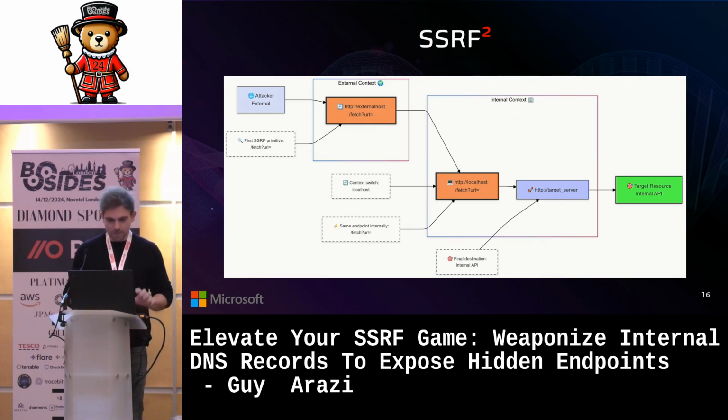So basically, this is how it looks. We have an attacker or researcher, whatever you want to name it, accessing an external context. So we have this external host /fetch that gets a URL parameter.